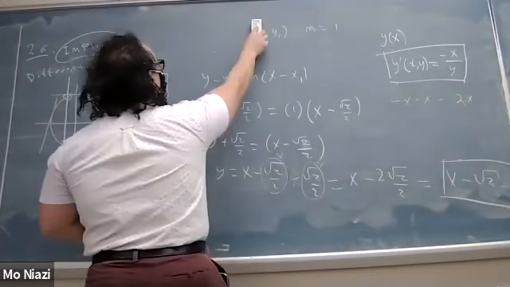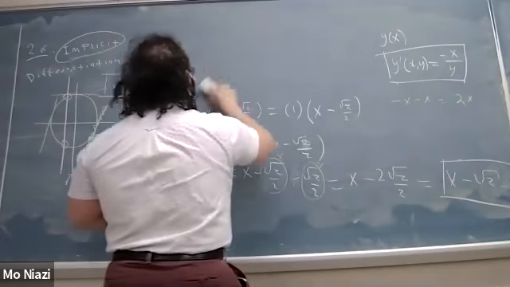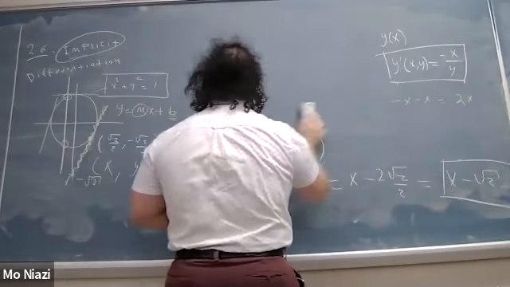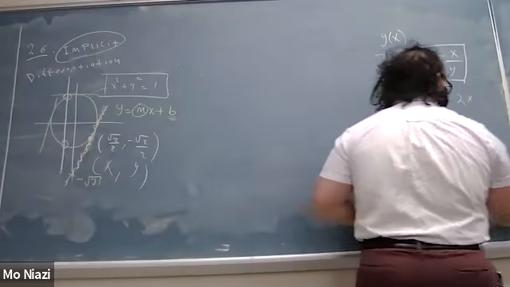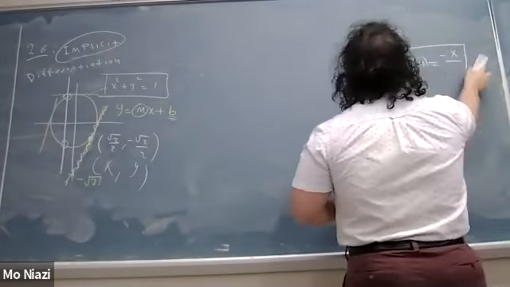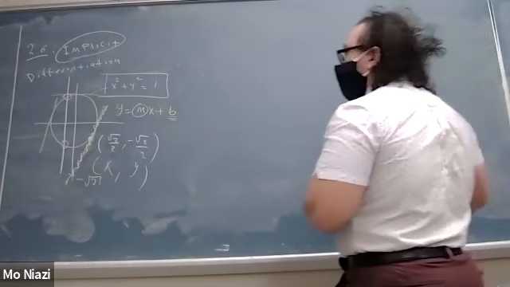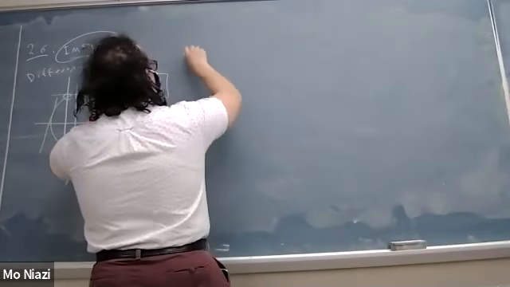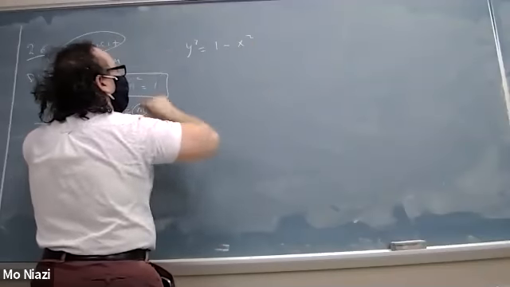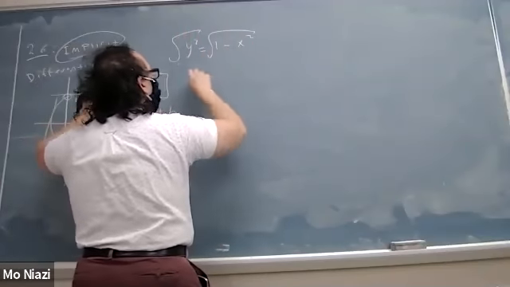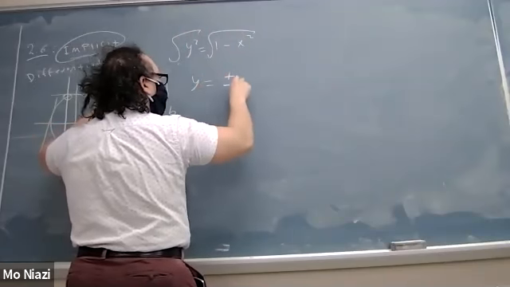Now let's talk about why x squared plus y squared is equal to 1 generates a non-function. Notice that when we solve for y, we take the square root of both sides. So we get y is equal to plus or minus.